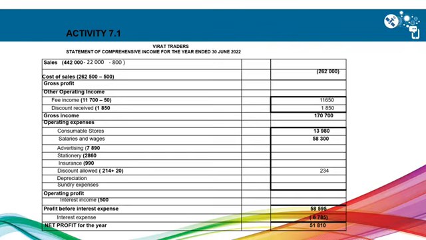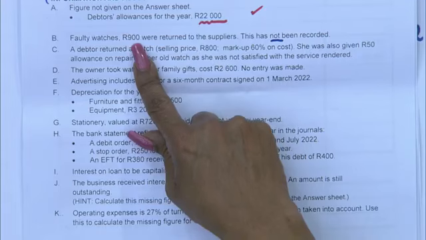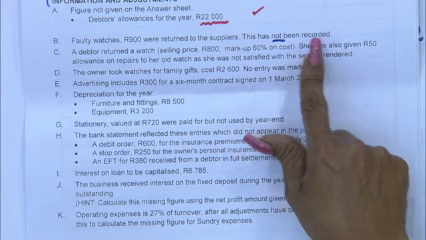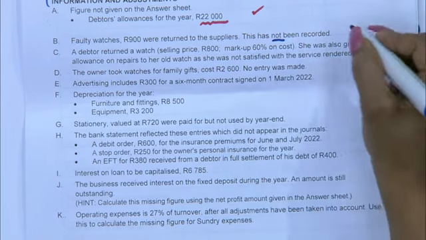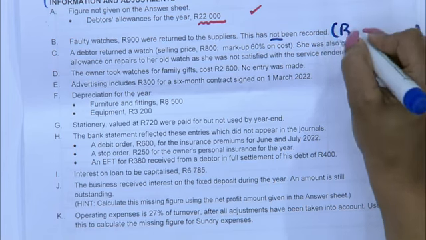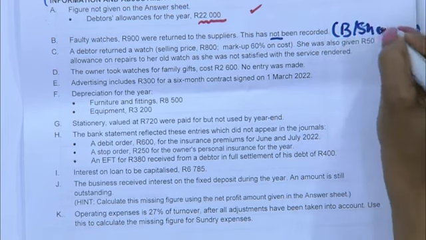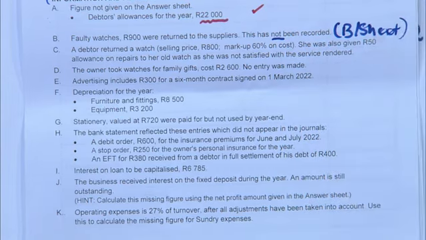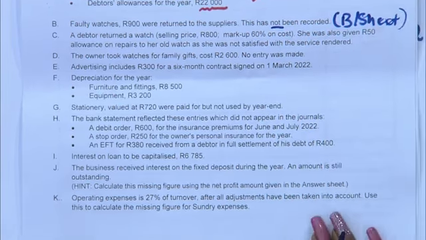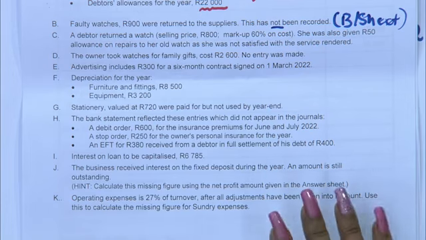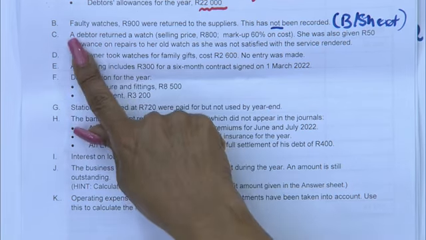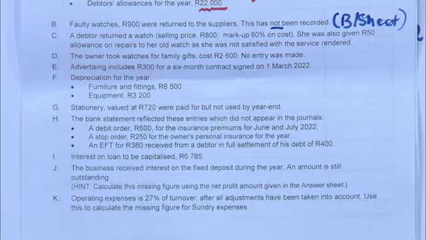Do you recall that it says that it was an amount of 900 that was returned to the supplier and it was not recorded? That entry will primarily affect my balance sheet, which we will do a bit later. So allow me at this point in time, grade 10s, to move on to C and look at what the effect is of C. So we're moving on.